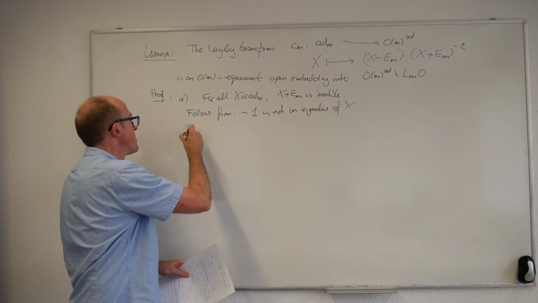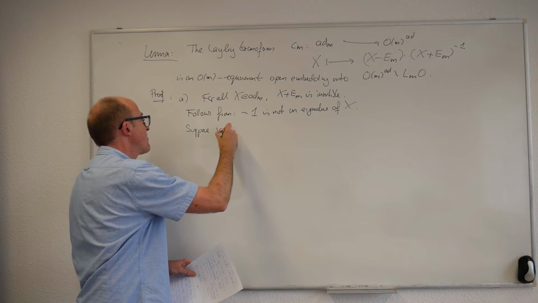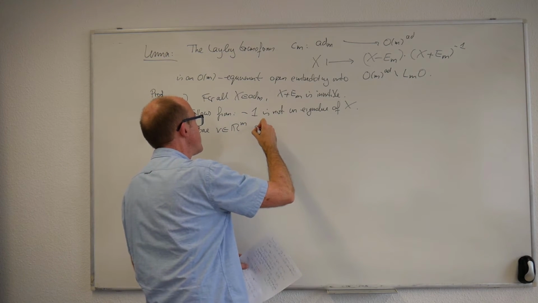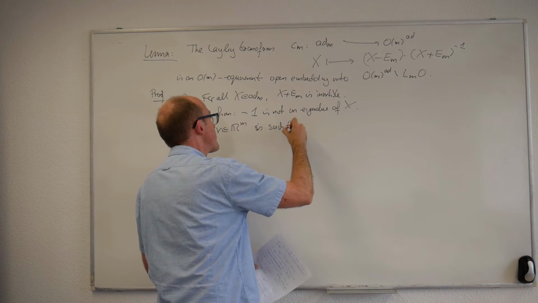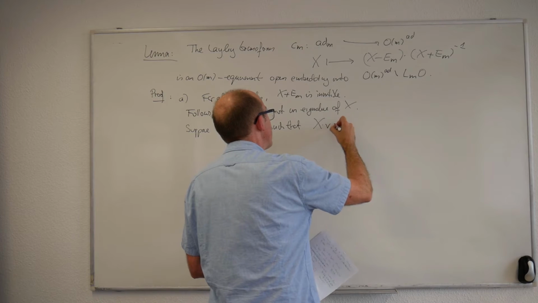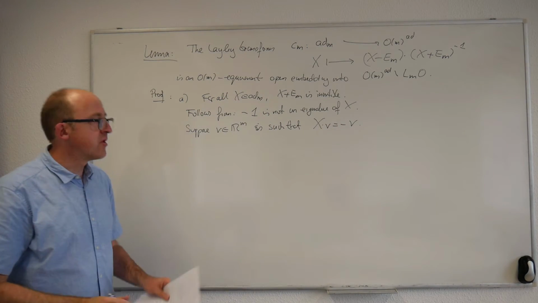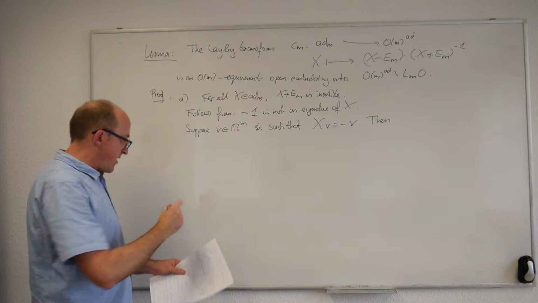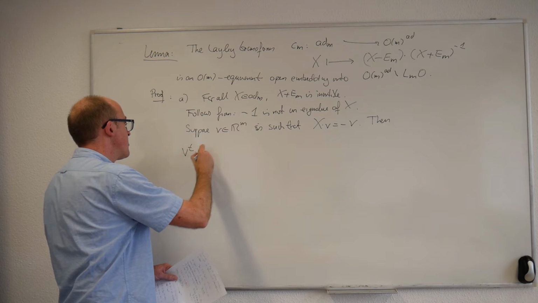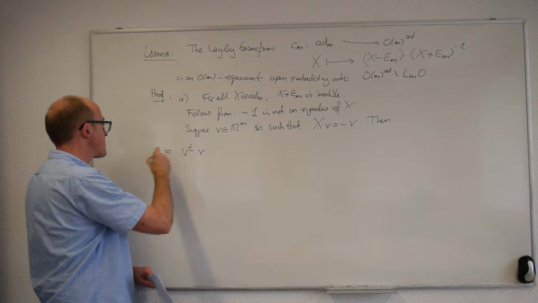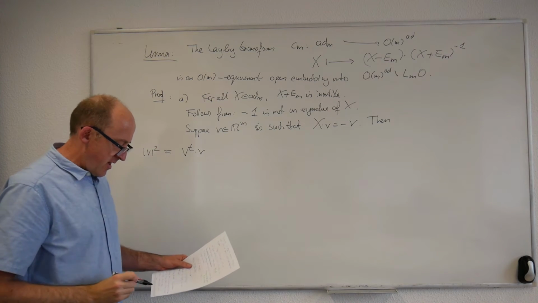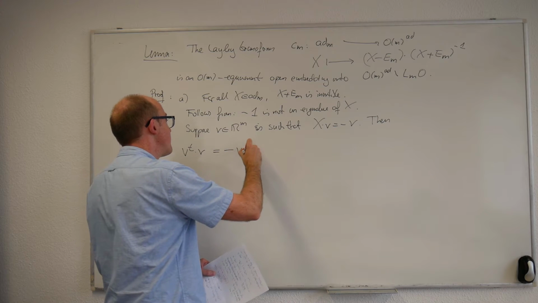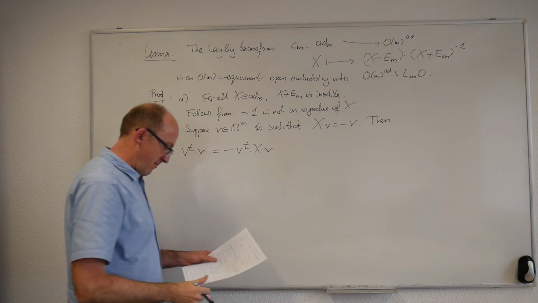So let's show this. Suppose we have a vector v in R to the m, which is an eigenvector, such that x times v is minus v. And then we do a bunch of elementary calculations with matrices. We can take the transpose of v, matrix product with v, so this is also the norm of v squared. Because of the assumption that minus 1 is an eigenvalue of x, this is minus v transpose times x times v.